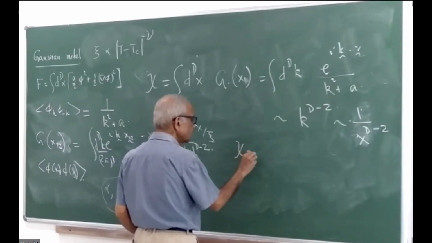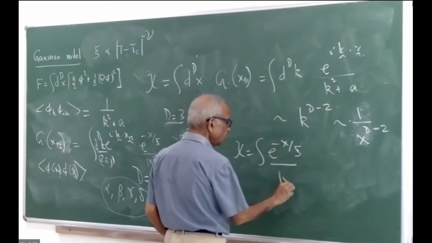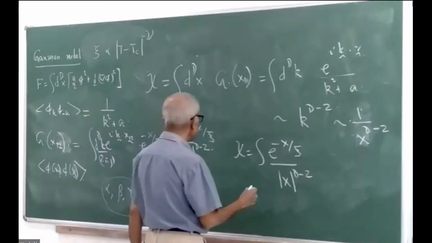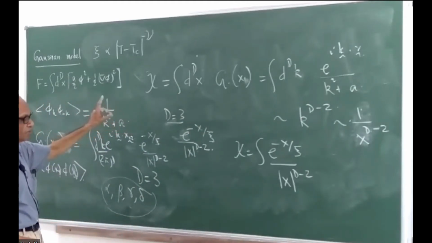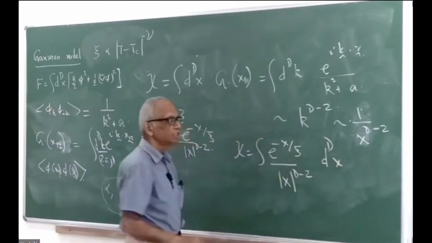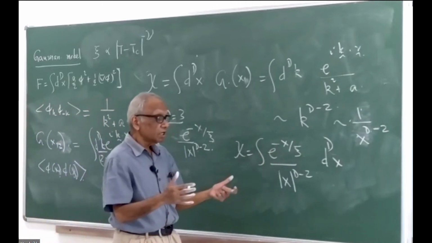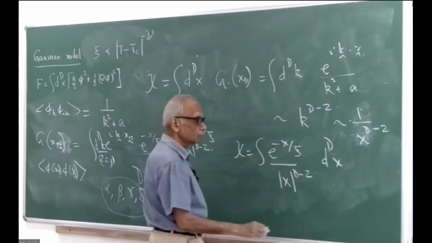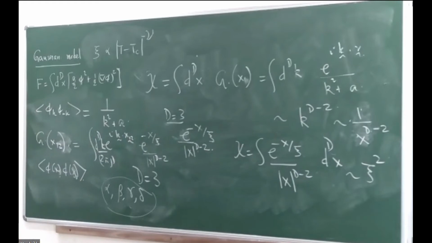The susceptibility chi is the integral of e to the power minus x over xi, x to the power d minus 2, integrated over all space, which is the integral over ddx of phi x phi y. So you want to get the xi dependence. Scale out for xi, and so chi is equal to xi square.